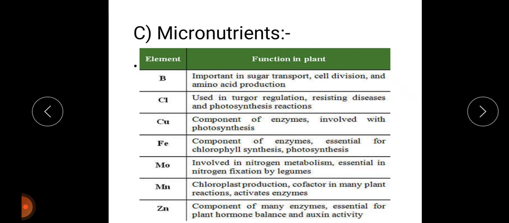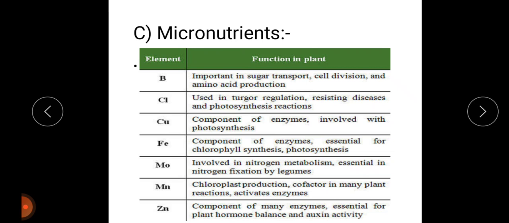It is also important for cell maturation and cell division and development. After that, chlorine or chloride is useful for turgor regulation, resisting disease and photosynthesis reactions. So chloride, or chlorine as we also call it, is also very important.